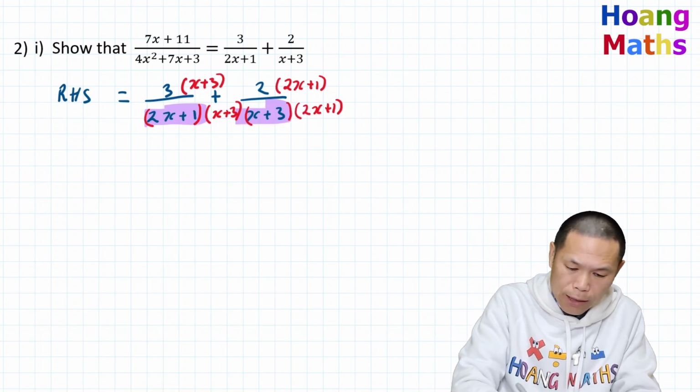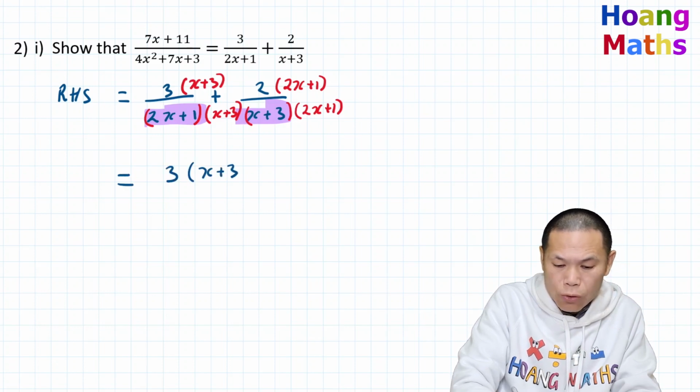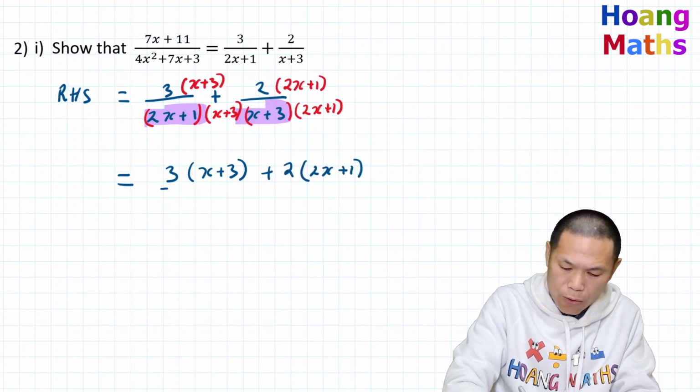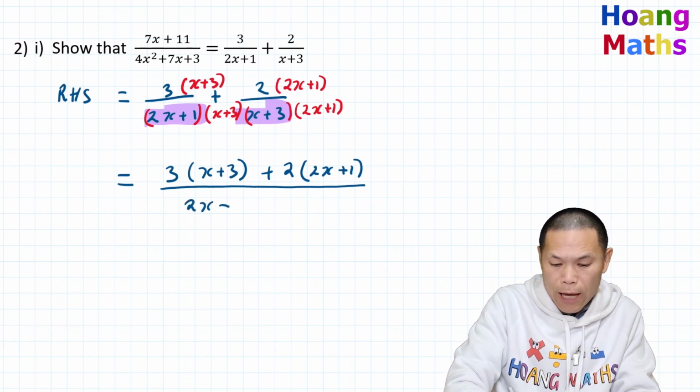So there you go. Let me just rewrite this into one fraction because they both have the same common denominator, okay? So that is equal to 3 times x plus 3, and then we add 2 times 2x plus 1, over, so the bottom is 2x plus 1, and then we times by x plus 3.